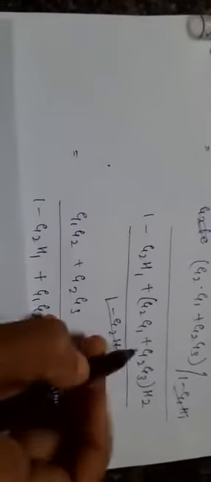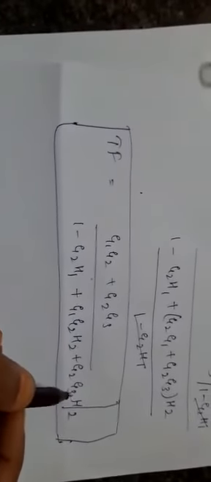Both sides, the denominator cancels. We remain with G1 G2 plus G2 G3 divided by 1 minus G2 H1 plus G1 G2 H2 plus G2 G3 H2, multiplying H2 inside. This is our transfer function of the given block diagram.